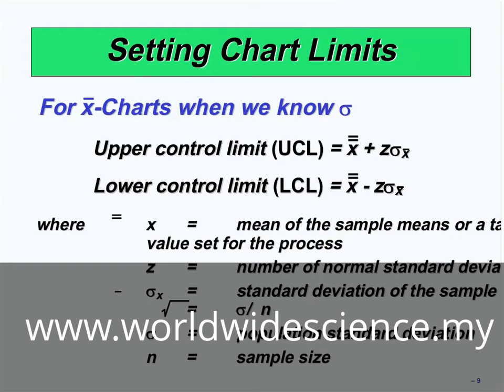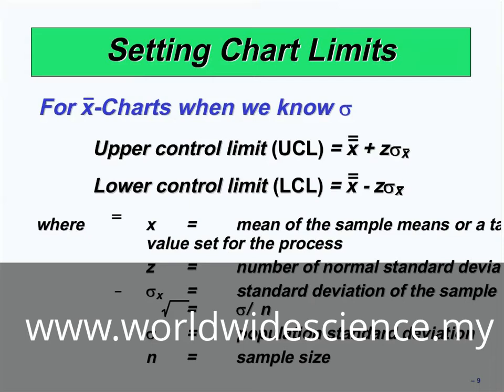There were some variables in this chart that should be calculated. The most important ones were UCL, or upper control limit, and LCL. There is a formula for calculating them. UCL equals X bar bar plus Z sigma X bar and LCL equals X bar bar minus Z sigma X bar.